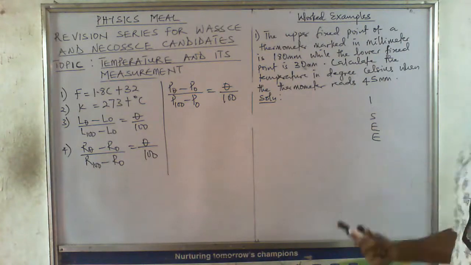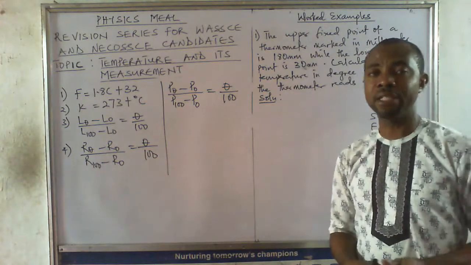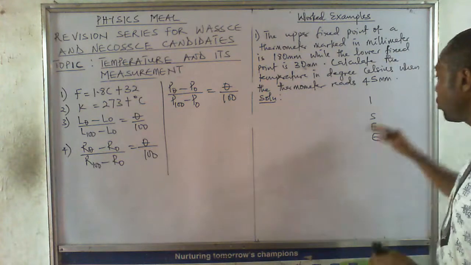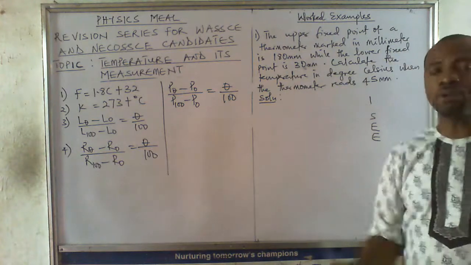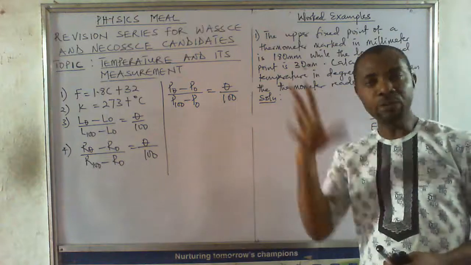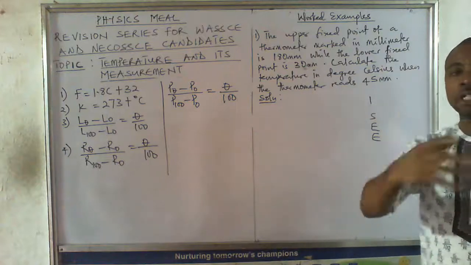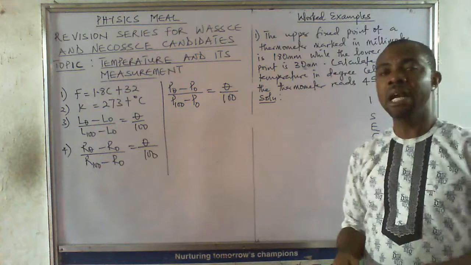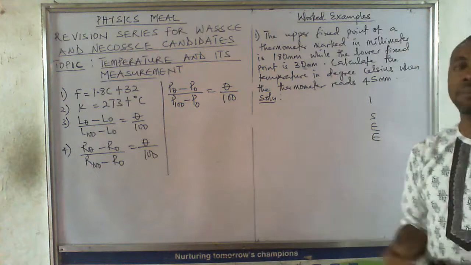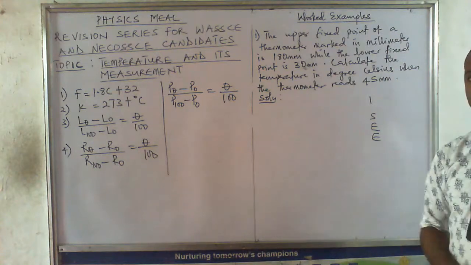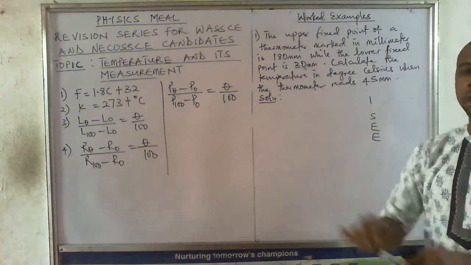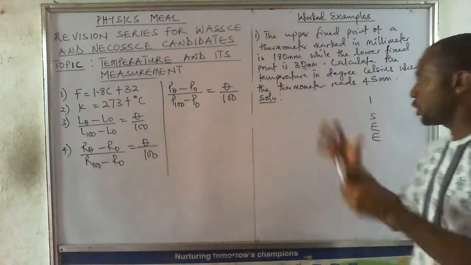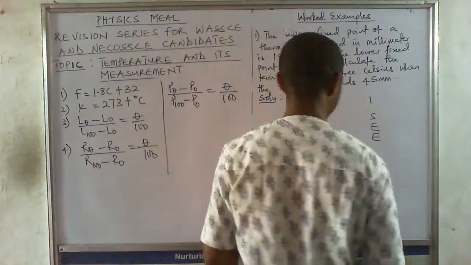So representing those identified parameters using the appropriate symbol is what we call setting up, that's the S. Then after setting up all the parameters, we'll now begin to explore, to search for appropriate expression that will help us in the calculation. And then once you get that expression, then you execute. You substitute the values and then carry out your calculation.